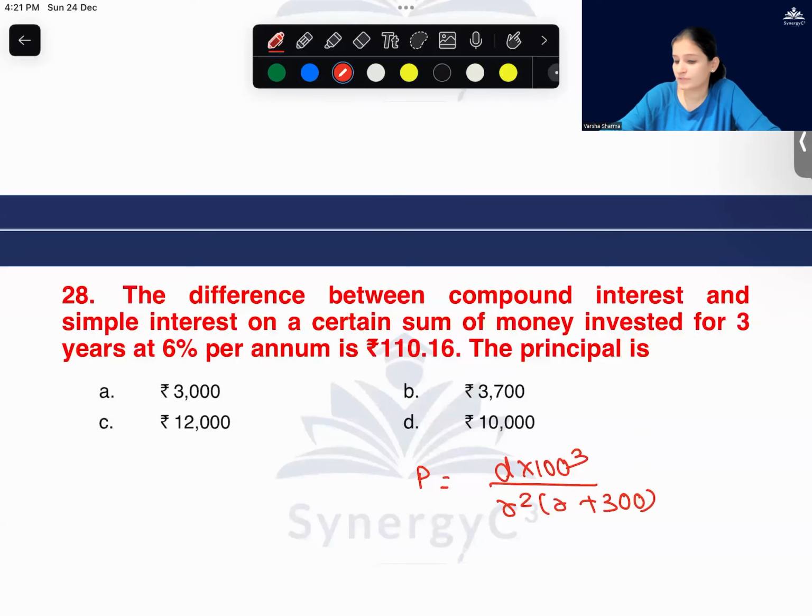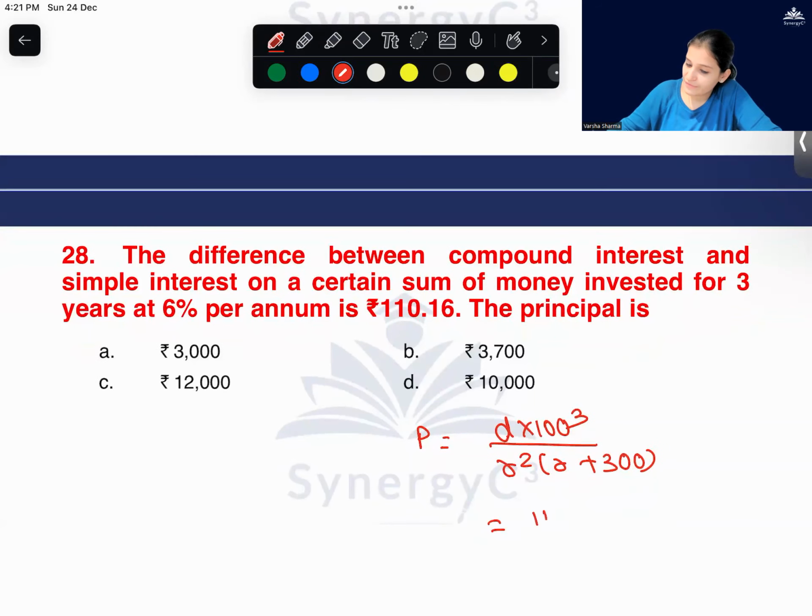How much? So 110.16 into 100 cube. R square is 36.